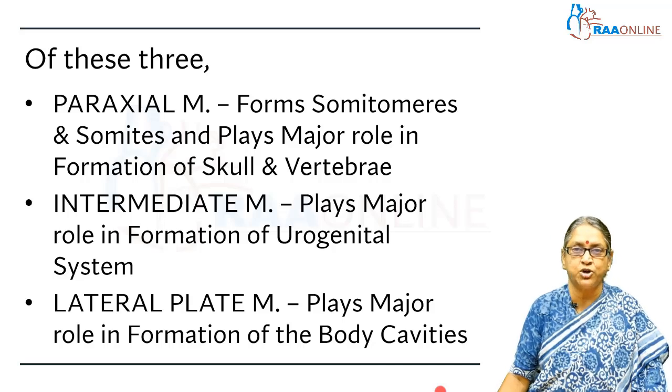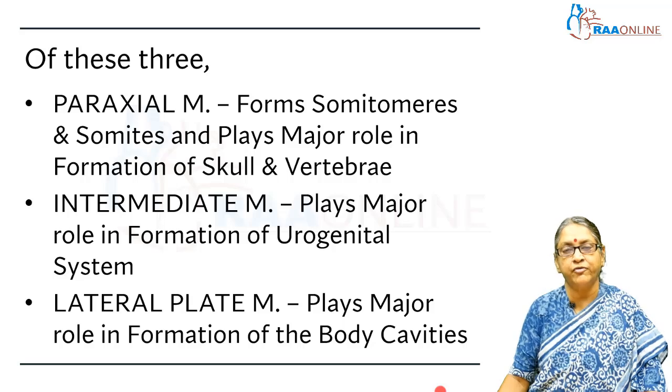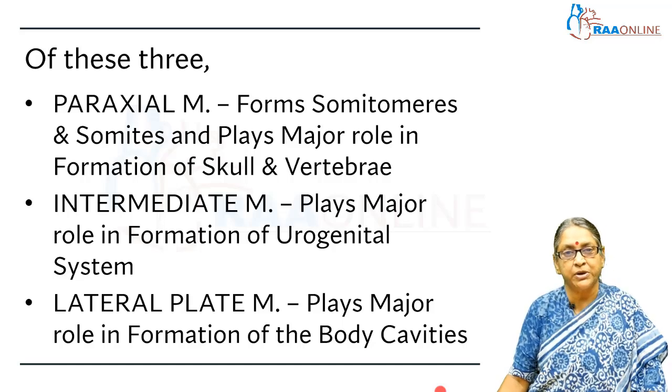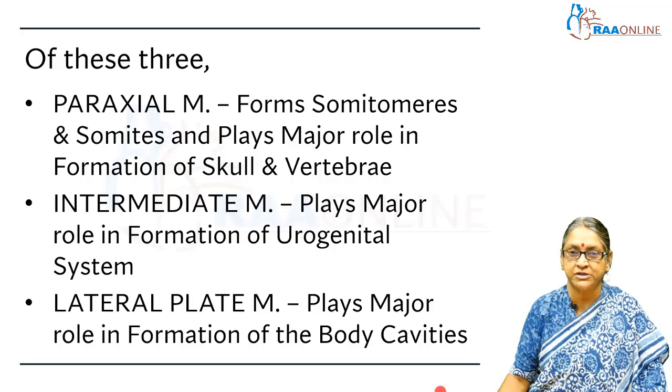Of these three components, we also know paraxial mesoderm contributes majorly to the formation of the skull and the vertebrae. So, of the three, which component of the intraembryonic mesoderm plays a major role in the formation of skull and vertebra? The answer will have to be paraxial mesoderm.